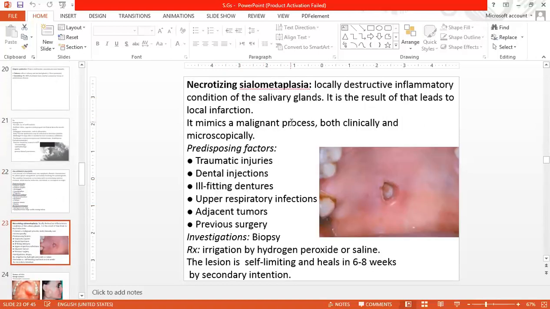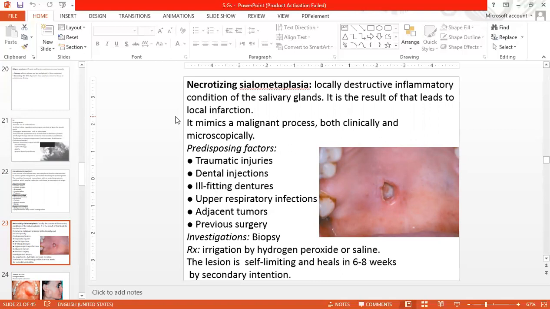For necrotizing sialometaplasia, which is a local destructive inflammatory condition of the salivary gland, the result is local infarction, and this infarction will later be considered a cause of ischemia and necrosis, and it mimics a malignant condition clinically and microscopically.